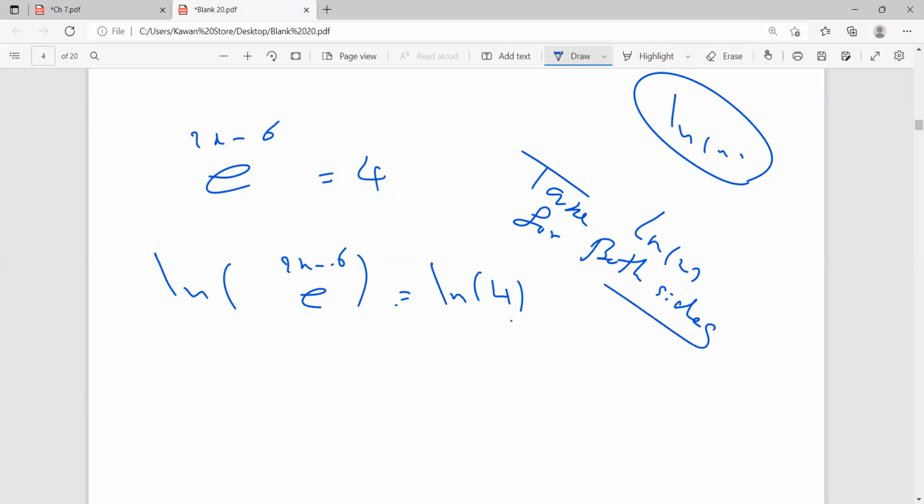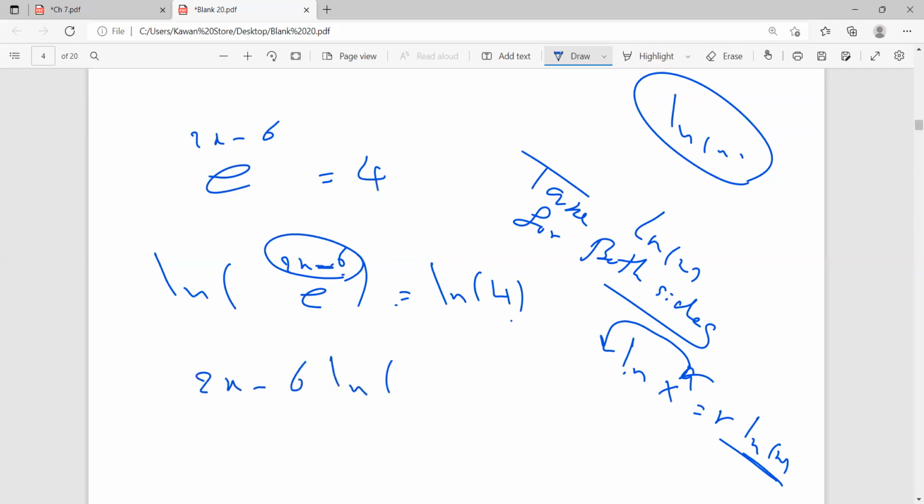Understood? Okay, so I will get what? We have that property: ln of x to the power r is equal to r ln of x, am I right? That one will come to here. So in that case, 2x minus 6 times ln of e equal to ln of 4. Understood?